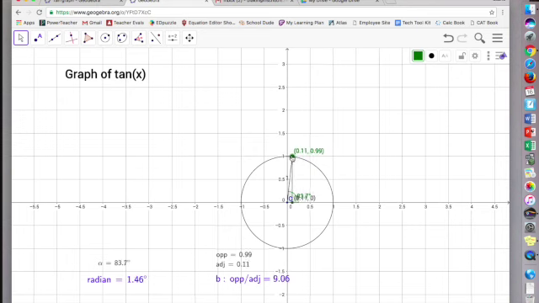And as I keep going, look at this value. The opposite divided by adjacent is just a huge value. And the second I take it past 90 degrees for the green point, my value of tangent is now negative. That makes sense to me because in the first quadrant, all the values are positive, and in the second quadrant, the tangent values are negative.